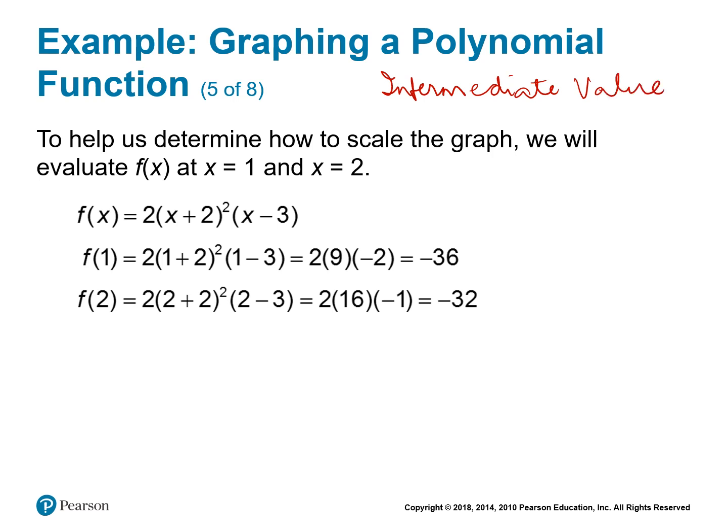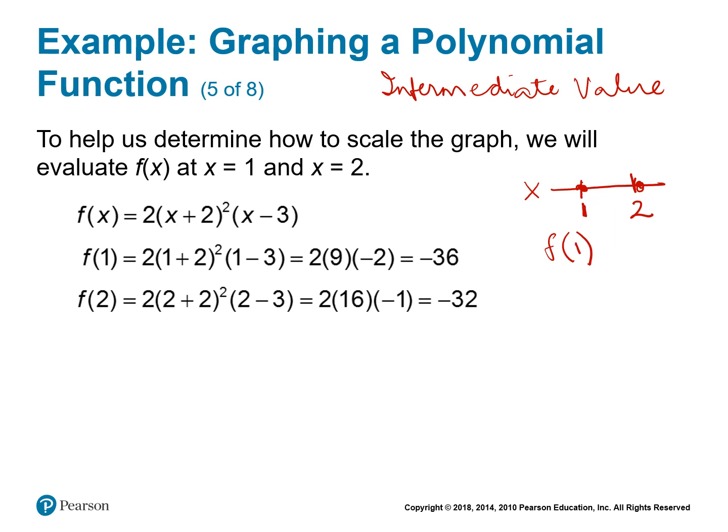It said that if we have an interval on the x-axis, let's say we have an interval 1 and 2, if f of 1 and f of 2, I'm just restating the theorem, applying x equals 1 and x equals 2, all right?